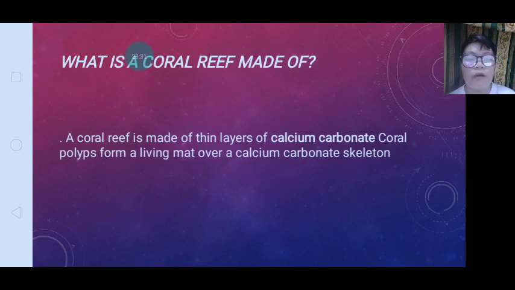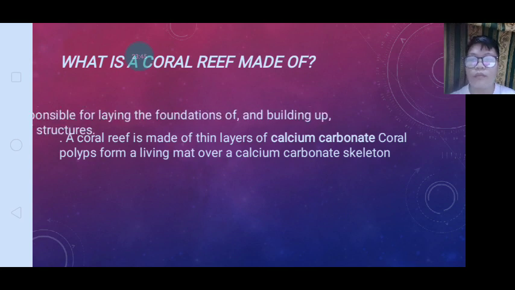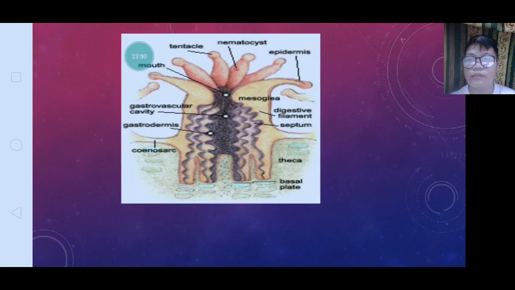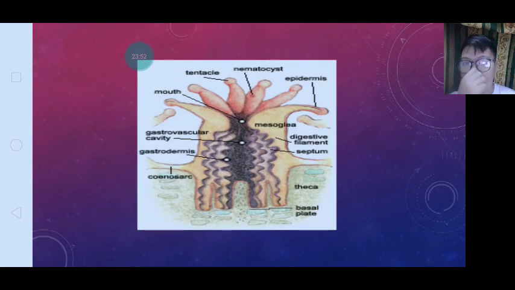Over millions of years, this exoskeleton grows to form a coral. Polyps reproduce to form planulae that increase the coral reef coverage area. So these are corals.